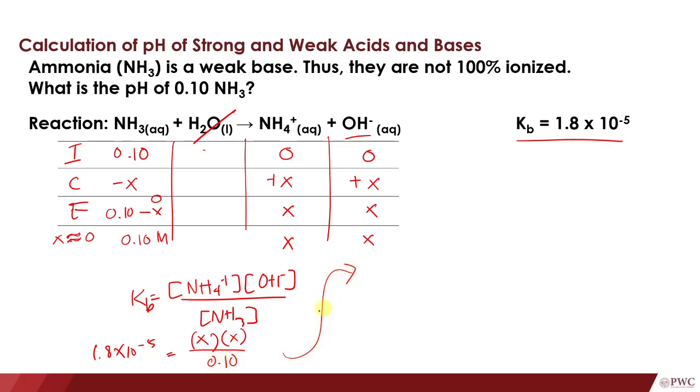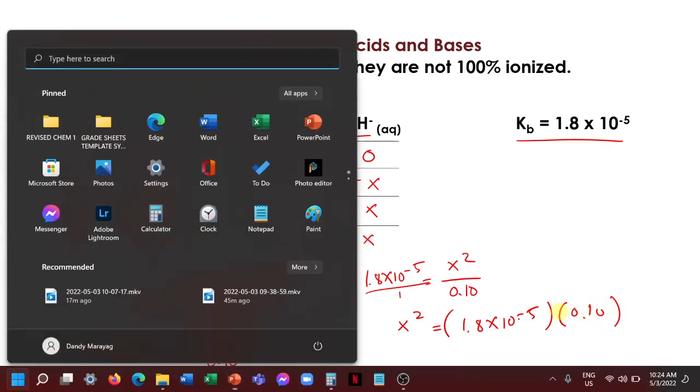Again, finding for X. X times X, X squared, equals 1.8 times 10 to the power of negative 5. Cross multiply. Of course, there is a 1 in the denominator. 1 times x squared is equal to 1.8 times 10 to the power of negative 5 times 0.10.